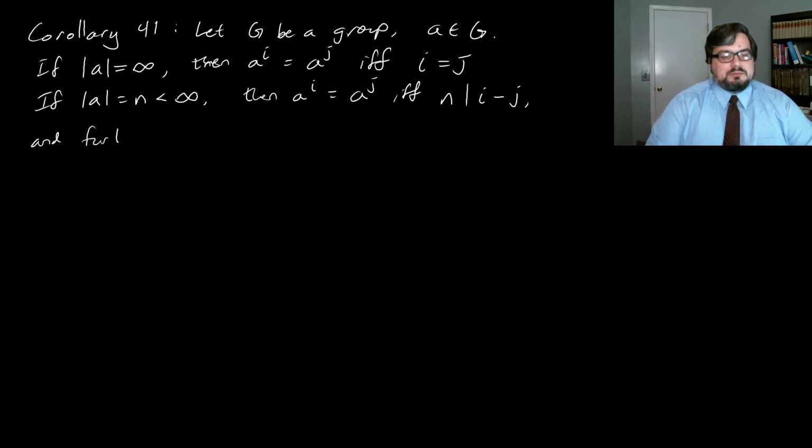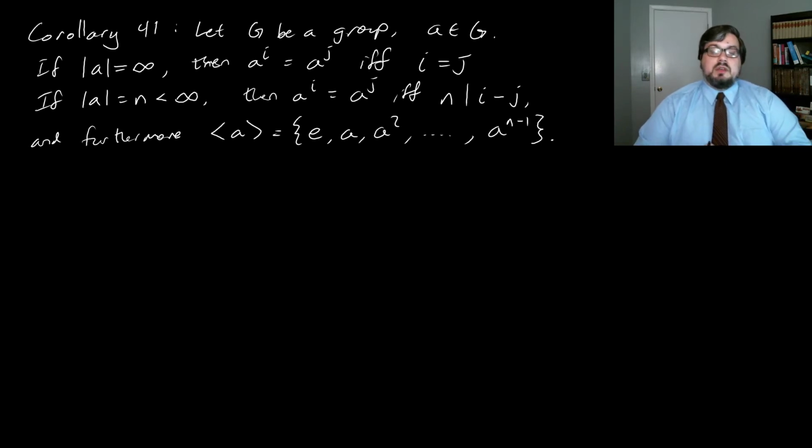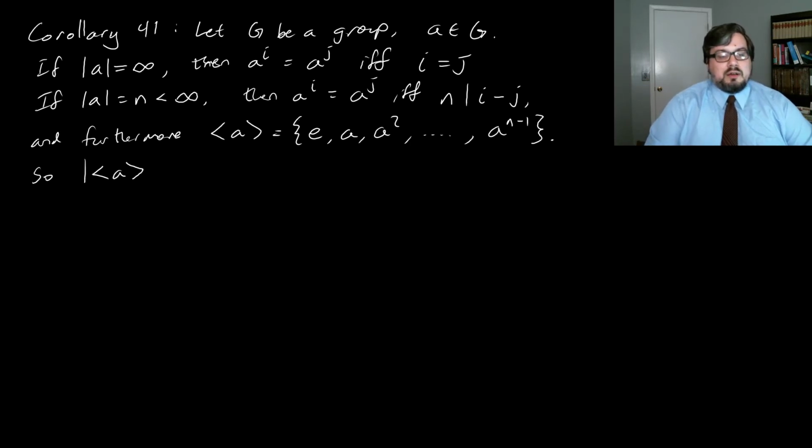And furthermore, we can write down exactly what the cyclic subgroup generated by A is. It's the set containing the identity, A, A squared, all the way up to A to the n minus 1. And in particular, this is another place where we see that the order of the cyclic subgroup generated by A is n.